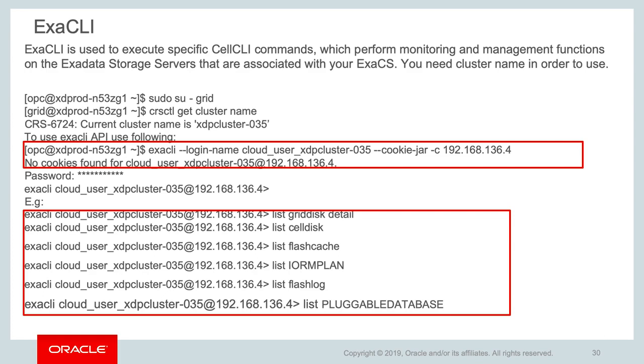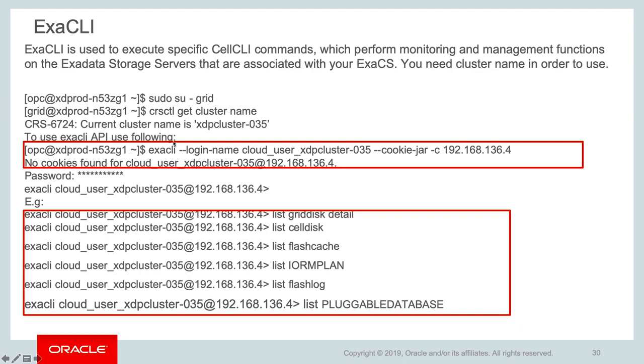The only way to get the storage cell metrics as well as any diagnostic information is through ExaCLI. So in order to use this utility, you need to know the cluster name, and for getting the cluster name, you can log into one of the nodes in your ExaCS environment. So log into the first node, do a sudo to grid, because the opc user can sudo to grid, Oracle as well as root.